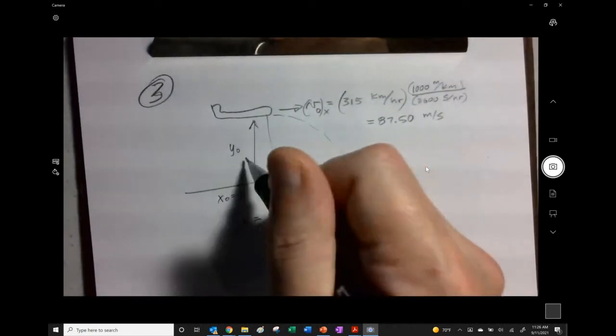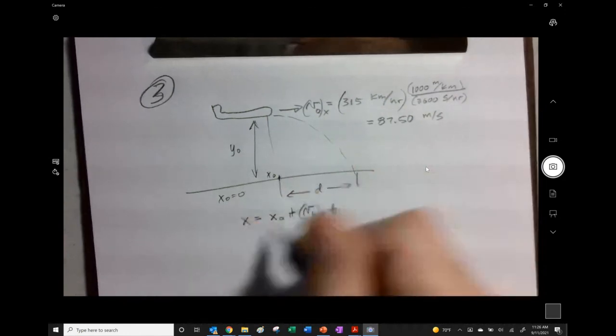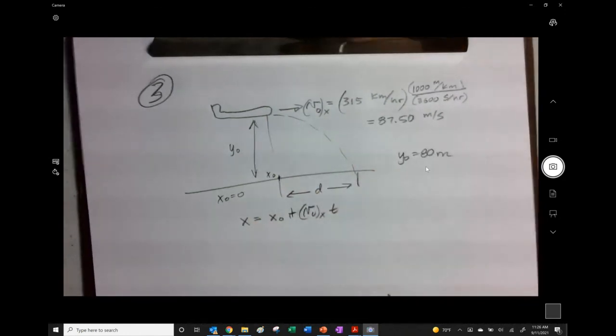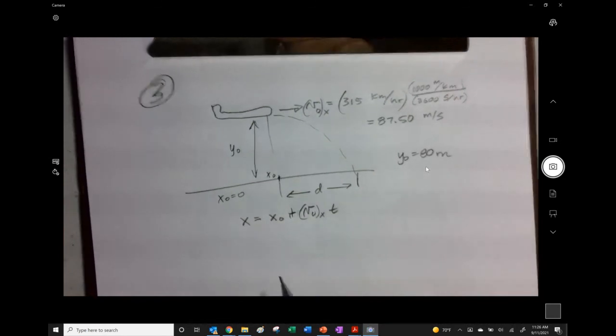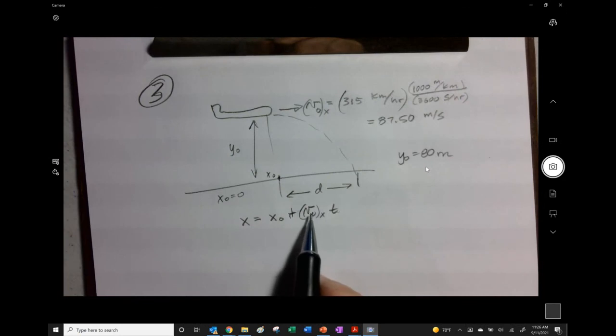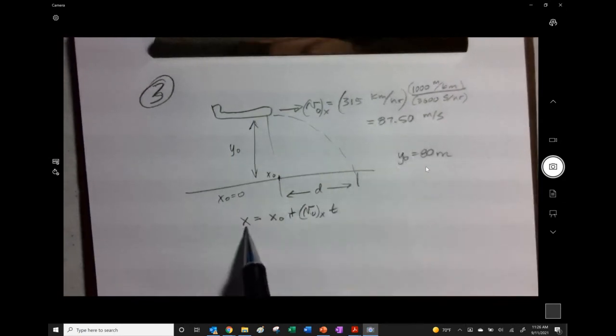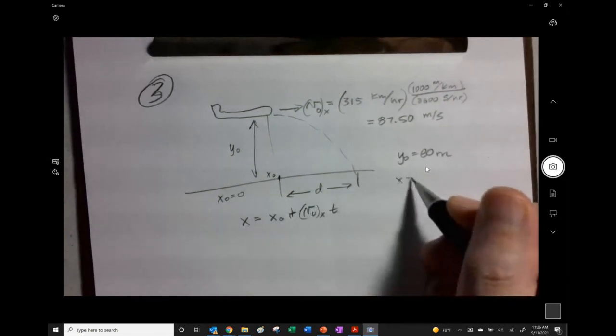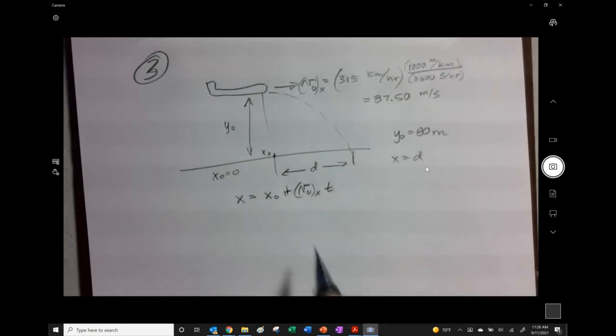So y0 is 80 meters. If we do the time right here and multiply it by that velocity, we'd be able to find this distance. So we find the time by using the y.